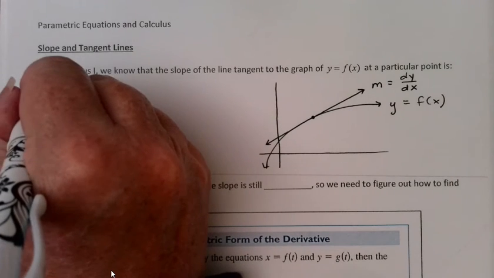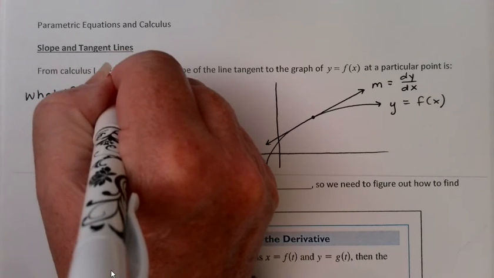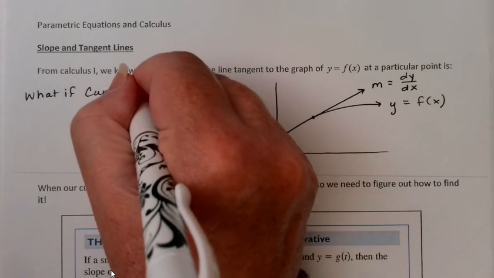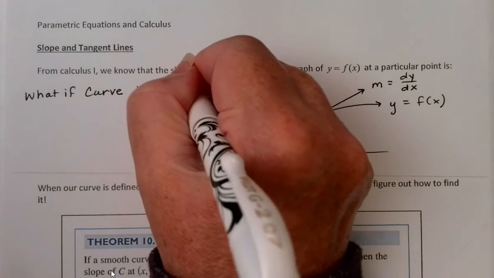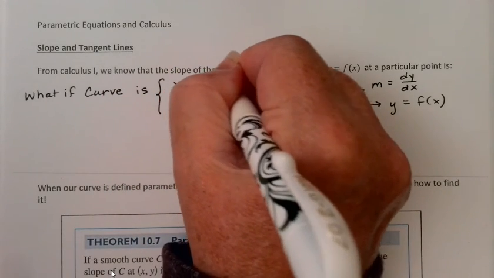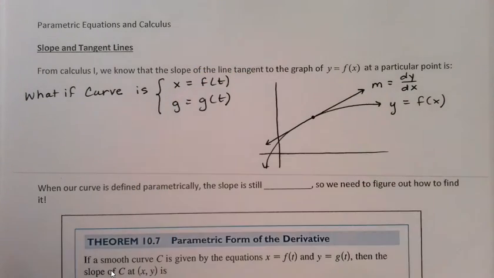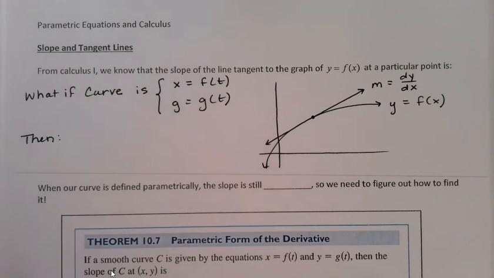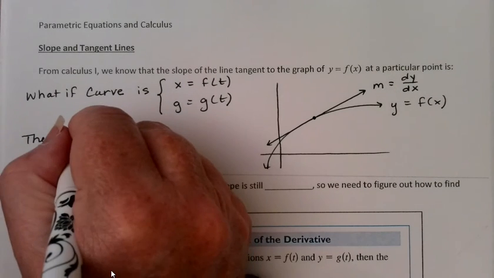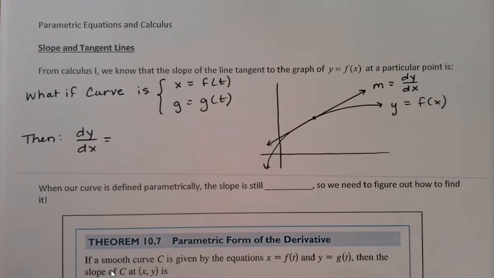So what if the curve is given by x equals some function f of t and y equals some function g of t? I'm so sorry, let's try that one more time.